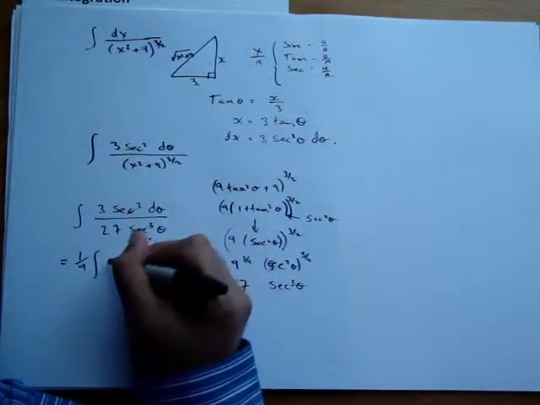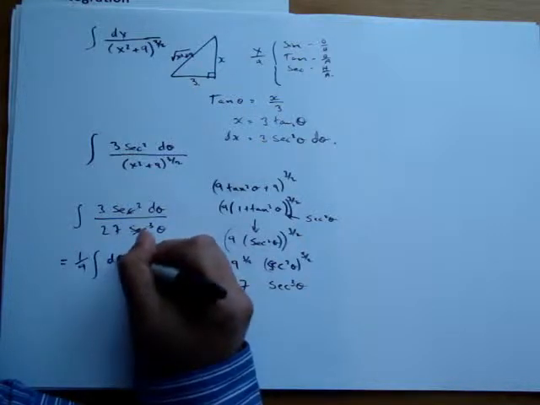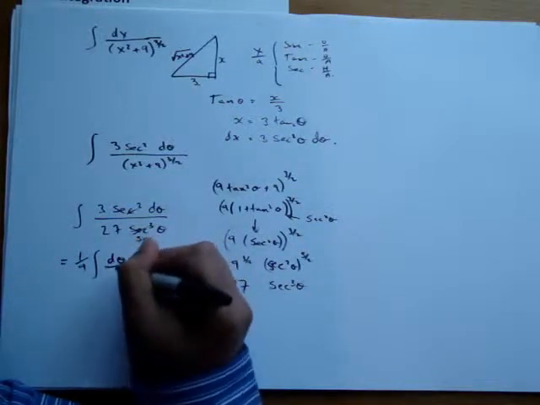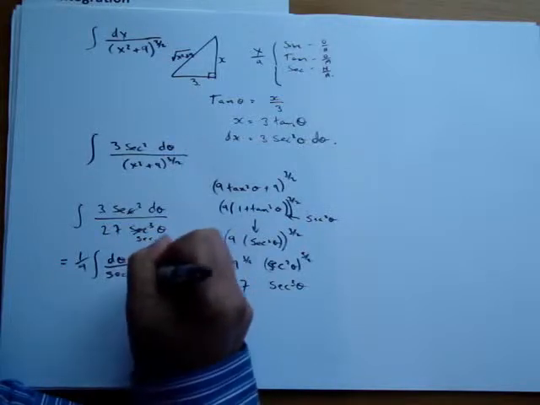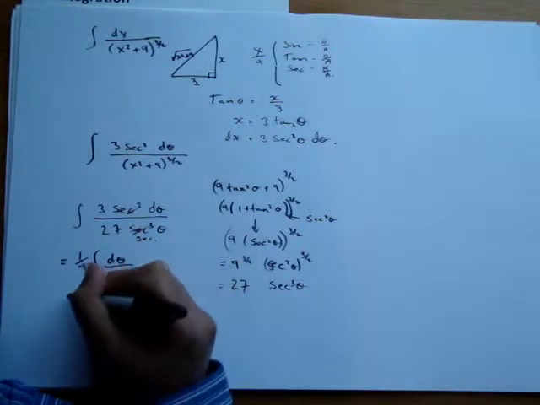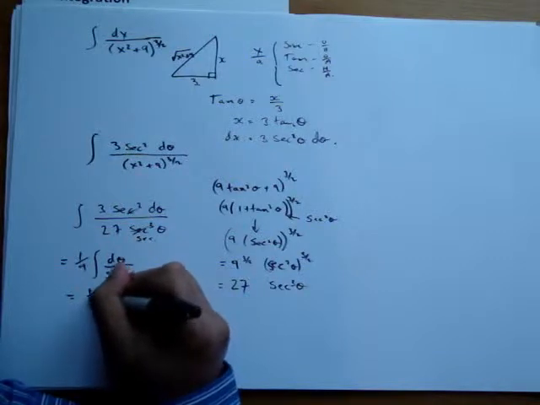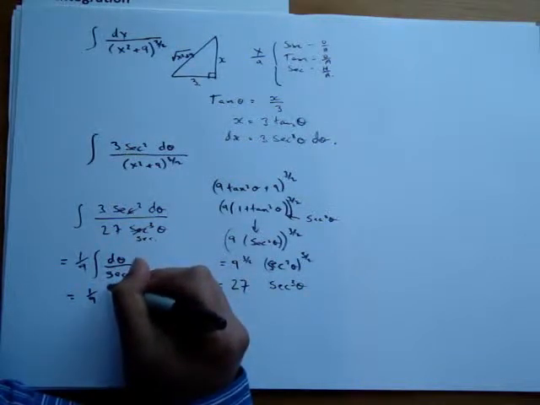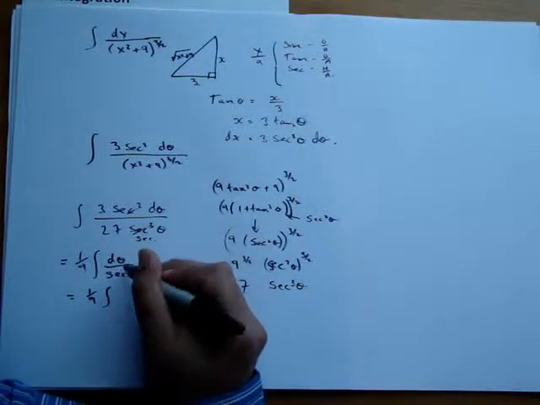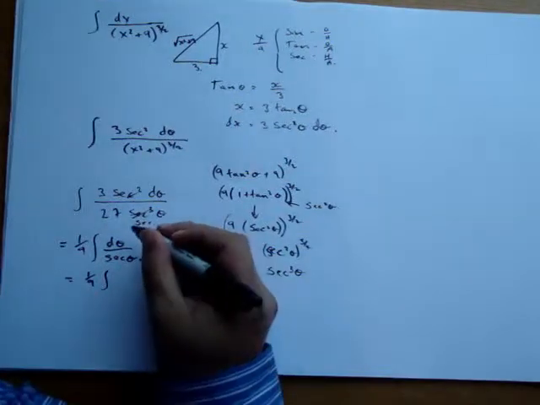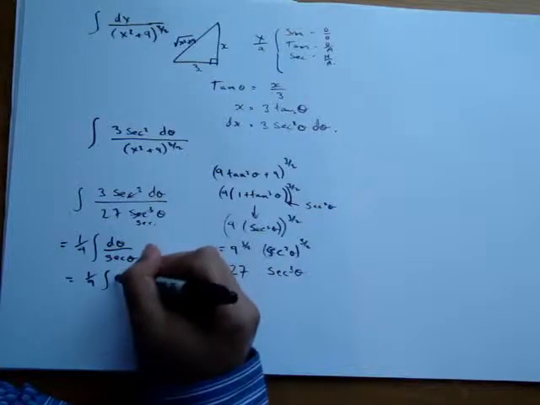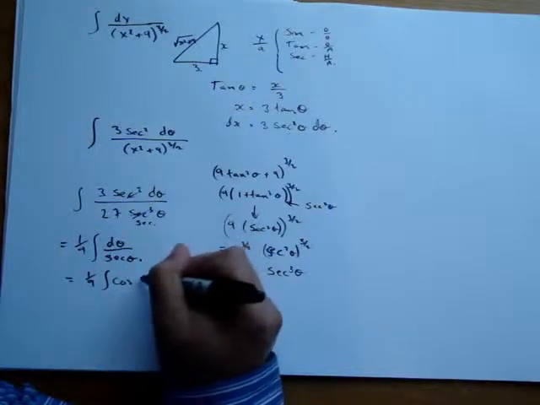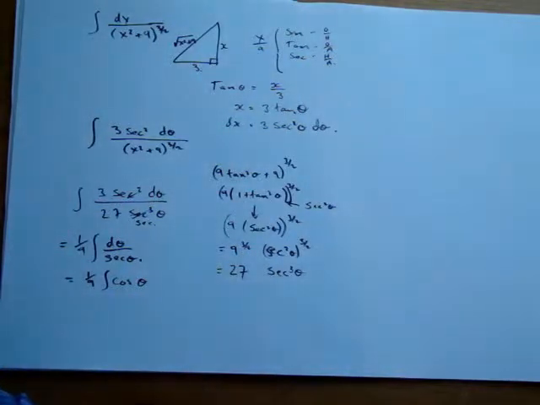So this becomes d theta over sec theta, which is 1/9 integral of 1 over sec theta, which is cos theta, d theta.